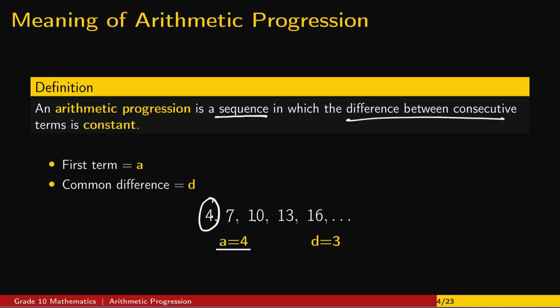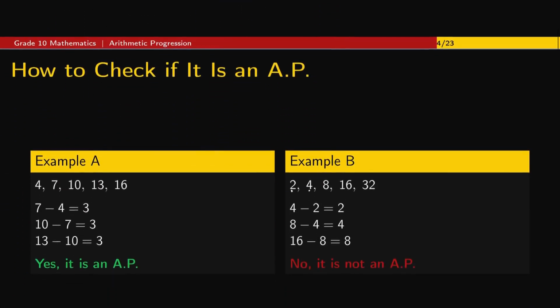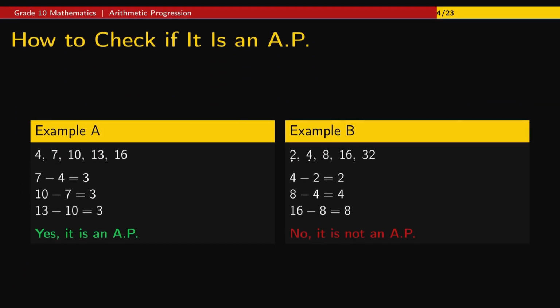The first term, we will denote it by the letter A, and the common difference we will denote it by the letter D. Any question, if they did not specify to say this is an arithmetic progression, before you use any formula, you have to check whether it is an arithmetic progression or not. So in an arithmetic progression, we say the difference between consecutive term is the same.